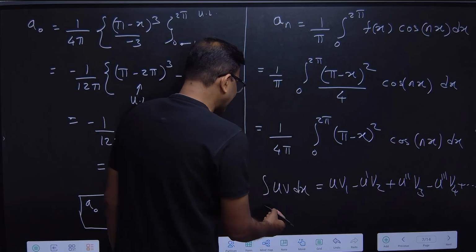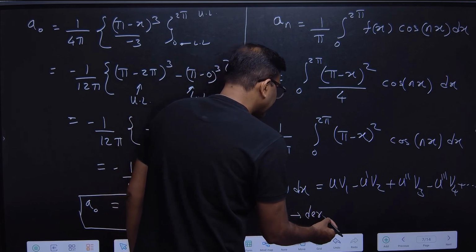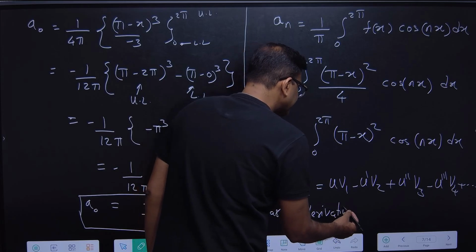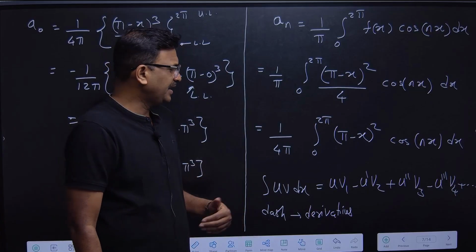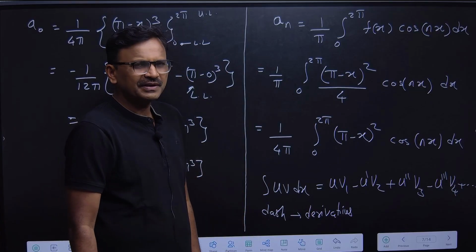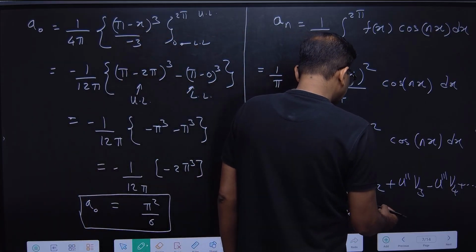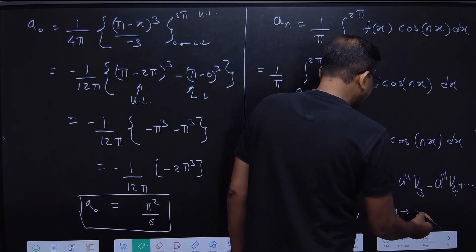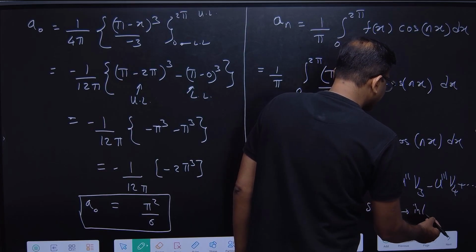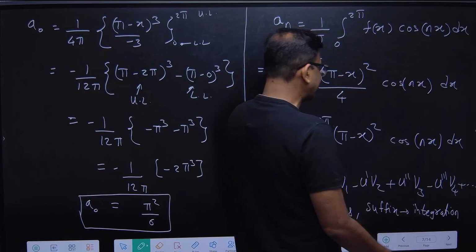Dash represents derivative. So u dash is the derivative of u, u double dash is the derivative of u dash, u triple dash is the derivative of u double dash, and so on. Then suffix represents integration.